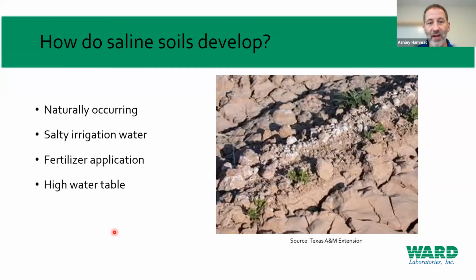How do saline soils develop? Well, in semi-arid and arid areas, it's oftentimes naturally occurring. You don't get enough rainfall to flush the salts out of the soil profile. So when water runs into the area or the salts are brought up through the groundwater, they accumulate because there's more evaporation than there is leaching.